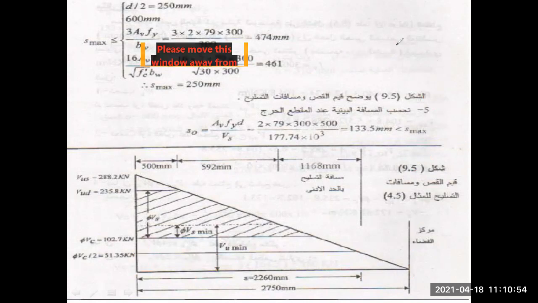Okay? That's how we calculate the number of shear reinforcement. So what you have calculated for this side, you multiply it by 2, so you get the number of shear reinforcement for the whole beam, from the left to the right, so for both sides. Okay?